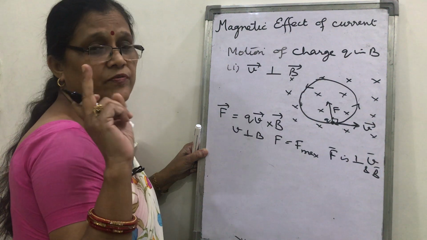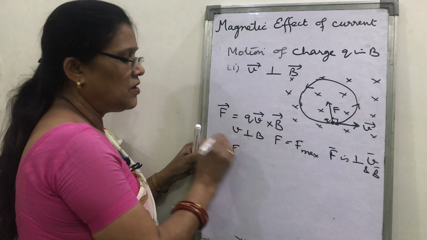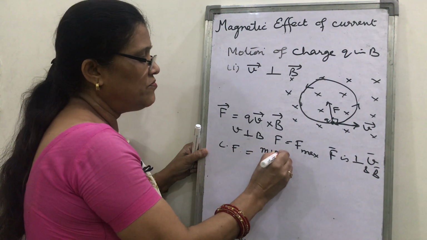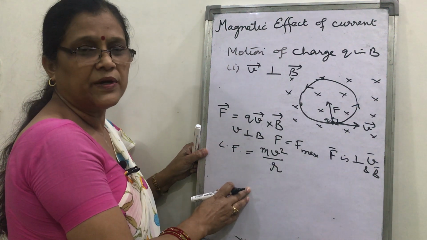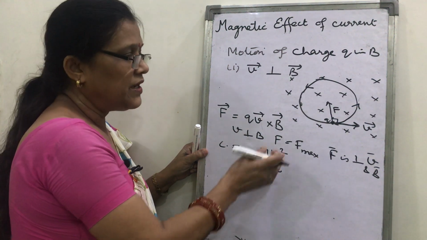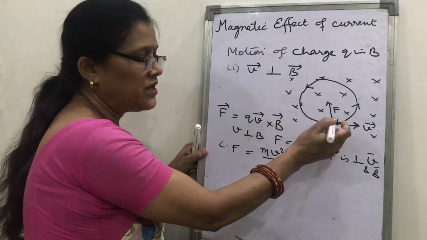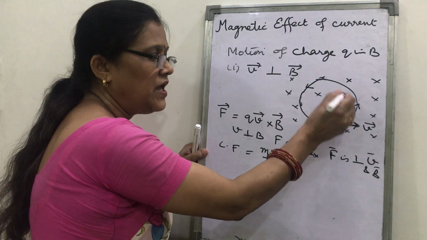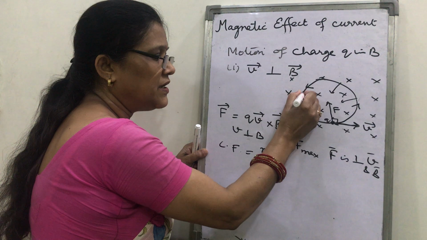What you will learn from this is that centripetal force is always given by mv square upon r, where r is the radius of the circular path. This force acts in the perpendicular direction at each point of the path. That is why the charge is deflected, and everywhere the force is towards the center.